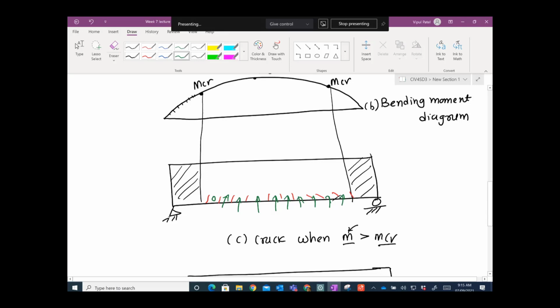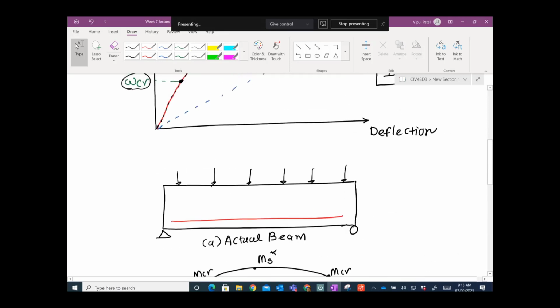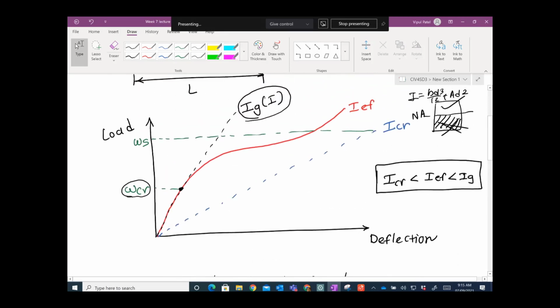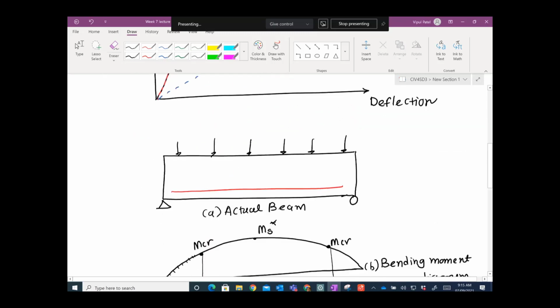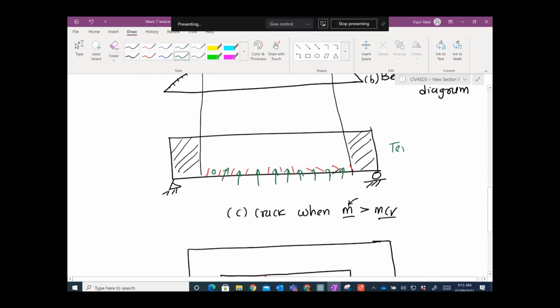At the crack it will not have resistance, but the concrete between two cracks has some resistance to carry the tension. So therefore the standards say that since I crack is too small and I gross is too high, you calculate I effective, which is between I crack and I gross. That's what the standards give you, equations to calculate I effective. This phenomenon is called tension stiffening. Tension stiffening.